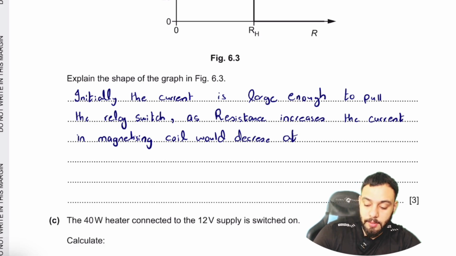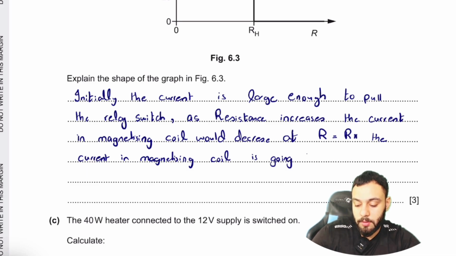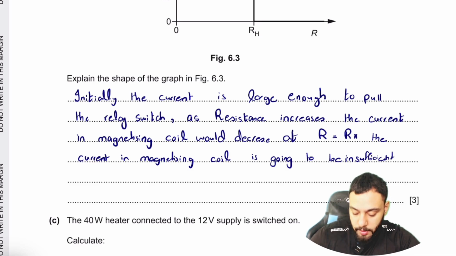At resistance equals RH, the current in the magnetizing coil is going to be insufficient to pull the relay.